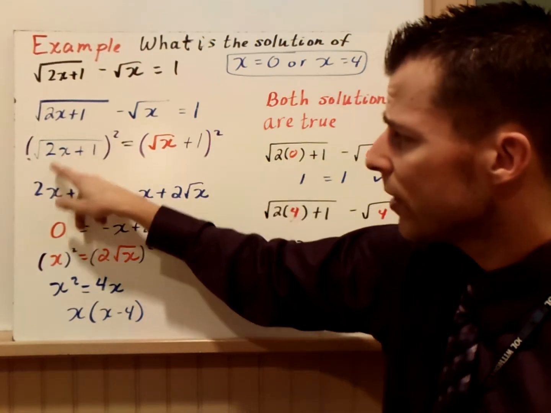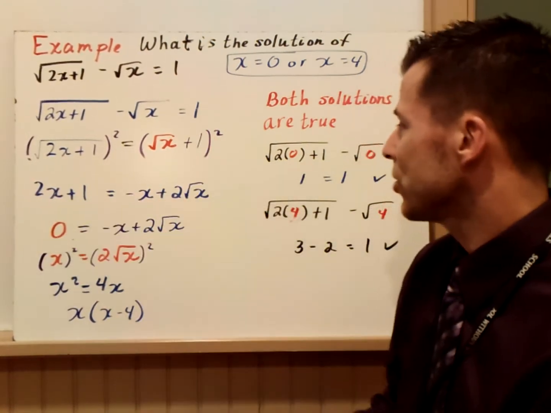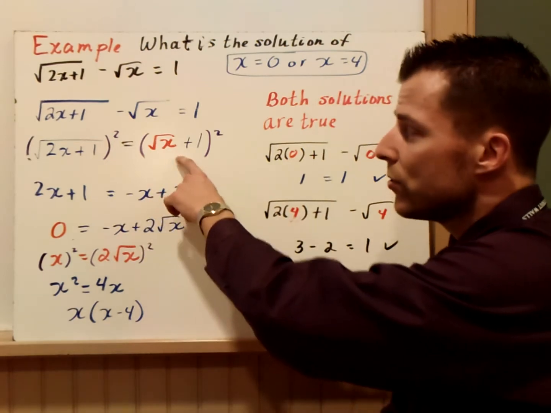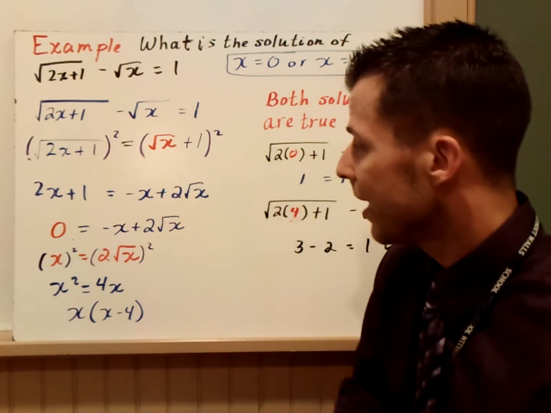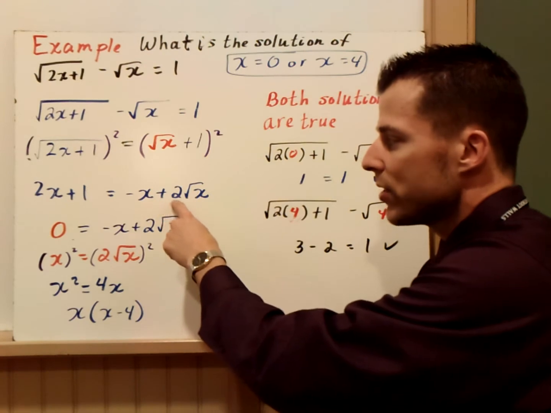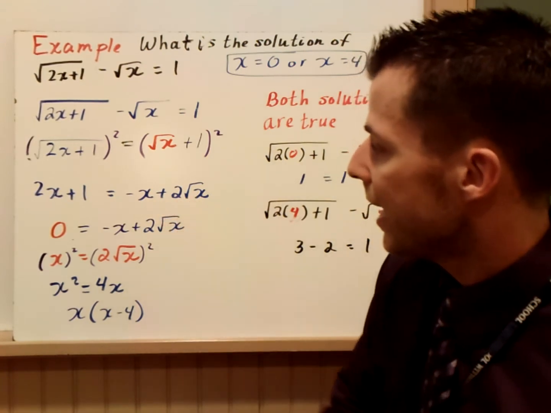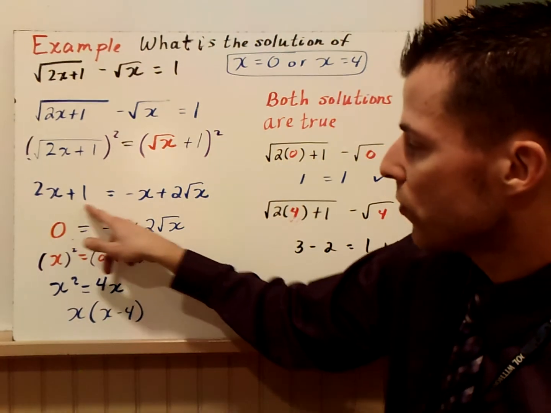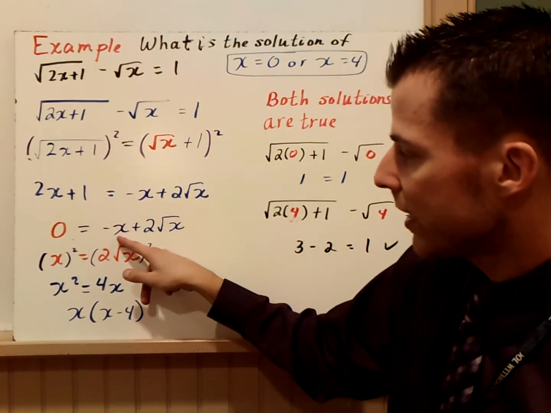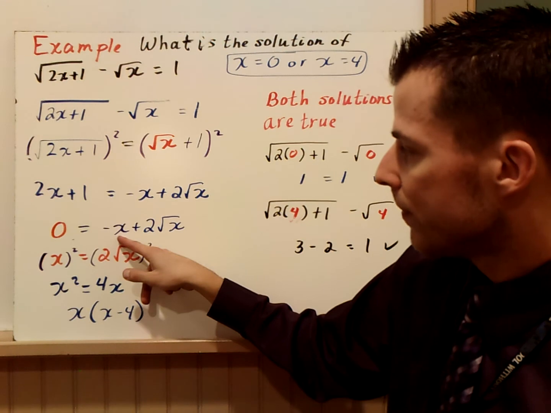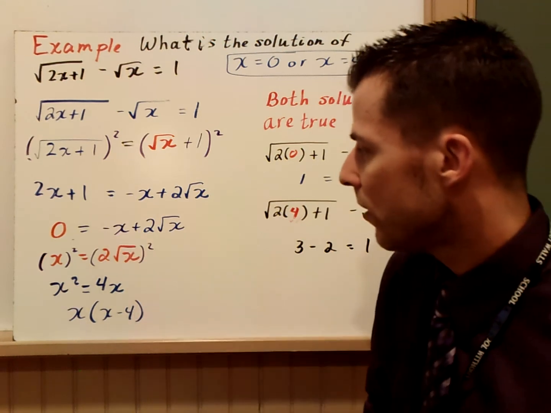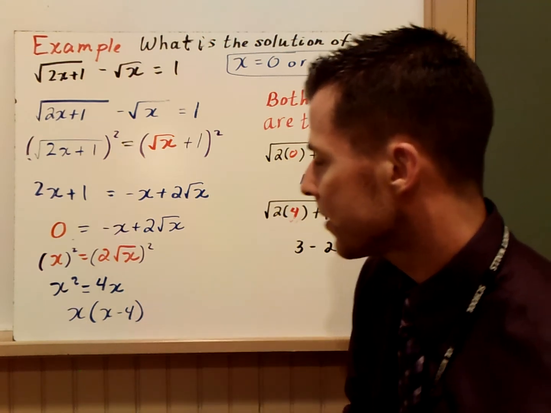I get rid of my radical here, but then I actually have to multiply this out using the box method, and I'm left with x plus 2 root x. Now this one's a little tough, because now I bring the 2x plus 1 over here, and that's where you get the negative x plus 2 root x.